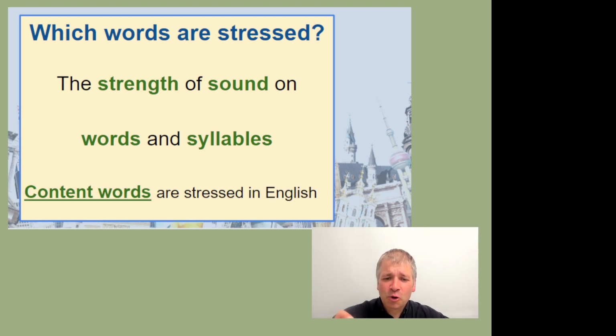It's to do with content words. Content words are stressed in English. Now, what do I mean by content words? Content words have real meaning. They actually mean something. How do you know if a word has real meaning? Well, it qualifies in one of these categories.